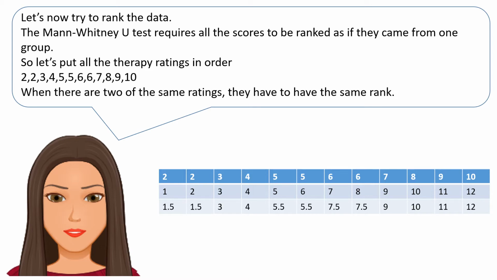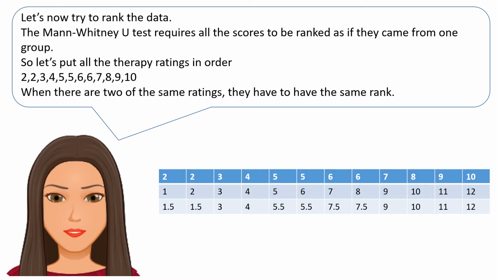Notice that we have 2 participants who rated their therapy as 2 out of 10, and there's also 2 who rated their therapy 5 out of 10, and there's also 2 that rated their therapy 6 out of 10. When there are 2 of the same ratings, they have to have the same rank. The table on this slide shows all the therapy ratings in order.